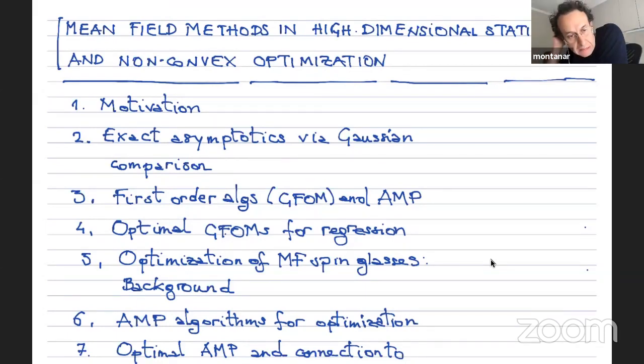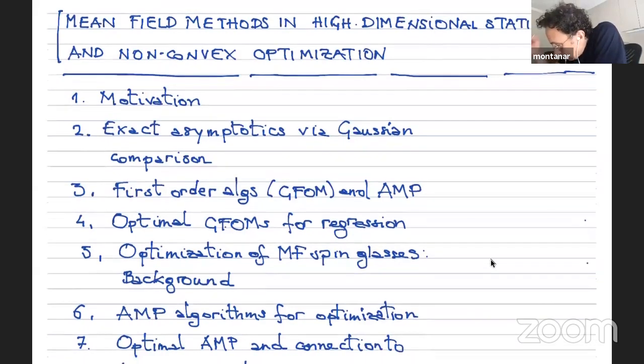And this is a plan of the lecture. I want to start with some motivation, describing why people, even not probabilists, might be interested in this kind of questions and the connection with statistics. Then describe a way to get exact asymptotics for this problem via Gaussian comparison inequalities.